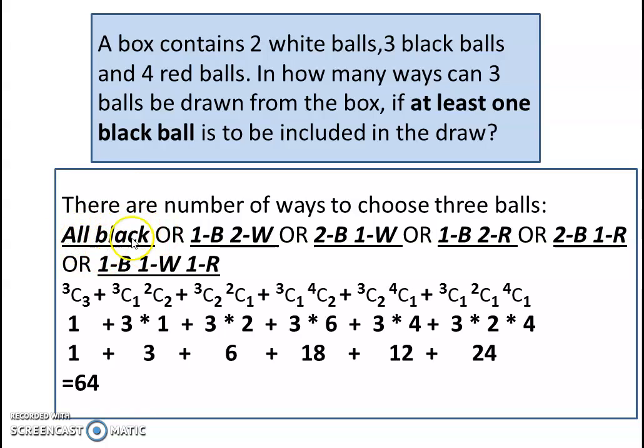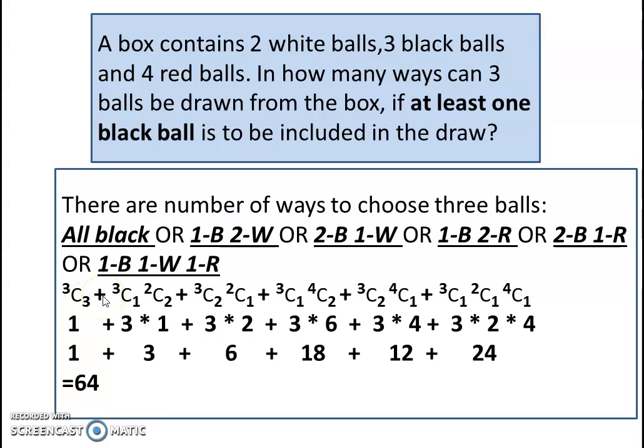We can have all black balls, or we can have 1 black, 2 white balls, or we can have 2 black, 1 white, or 1 black, 2 red balls, or 2 black, 1 red ball, or we can have 1 black, 1 white, 1 red. So these many ways we can choose 3 balls. When we have all black balls, out of 3 black balls we are choosing 3, so 3C3.